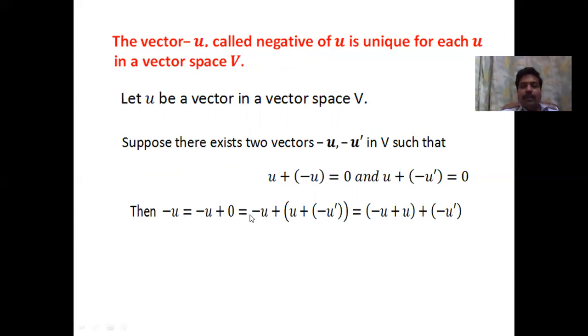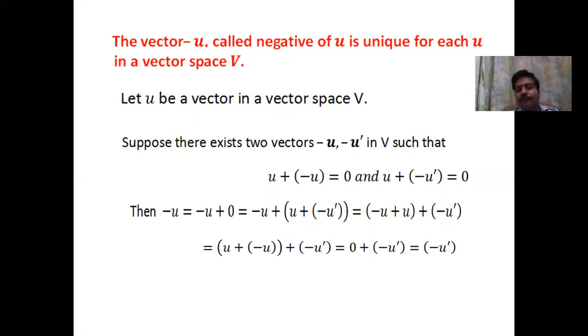So minus U plus minus U dash. I have taken the second relation, minus U dash. And by the associative property, we can interchange these brackets. So it is minus U plus minus U dash. That is equal to, we have the commutative property.